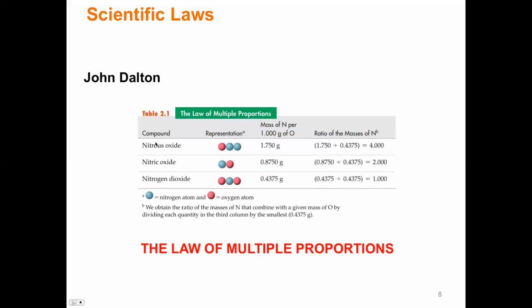These are different compounds with different properties. So it's not breaking the law of definite proportions, but John Dalton was saying that you can combine these in different proportions and get different types of compounds out of that. All right, so that's John Dalton.